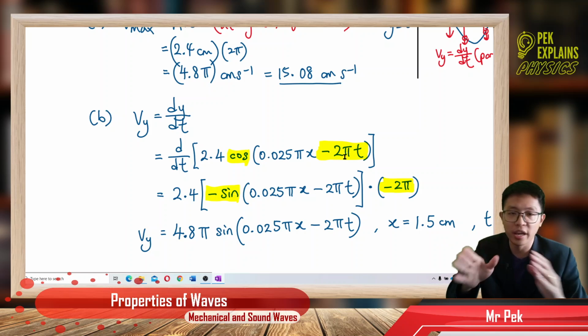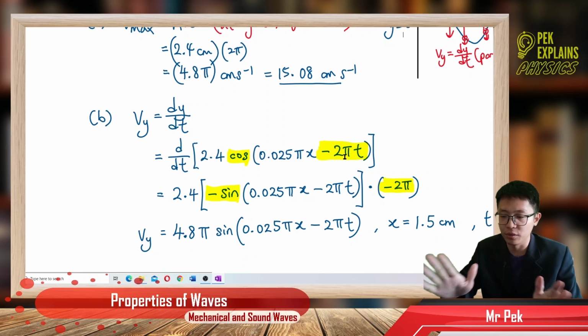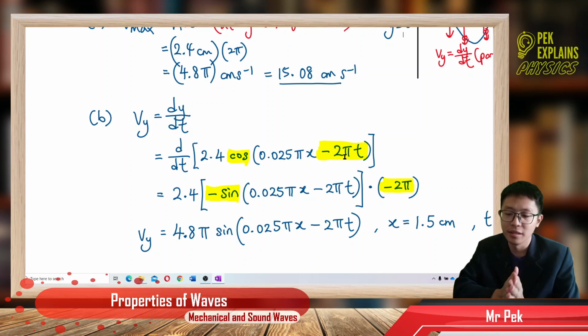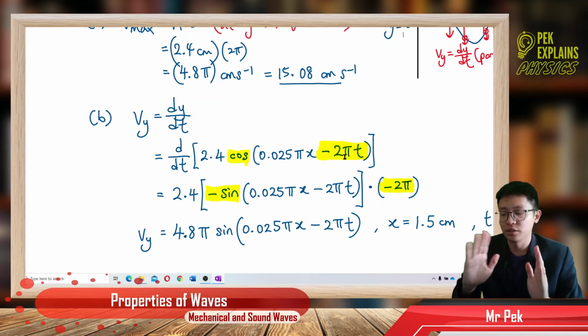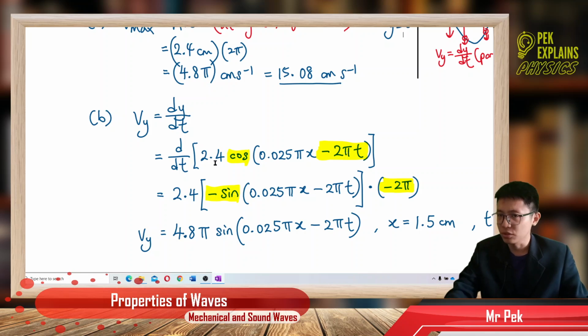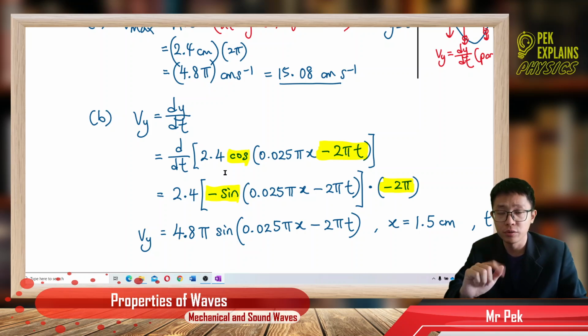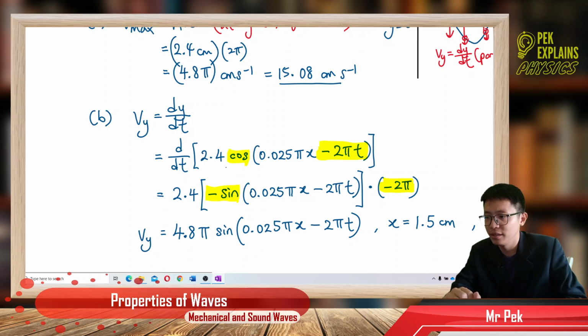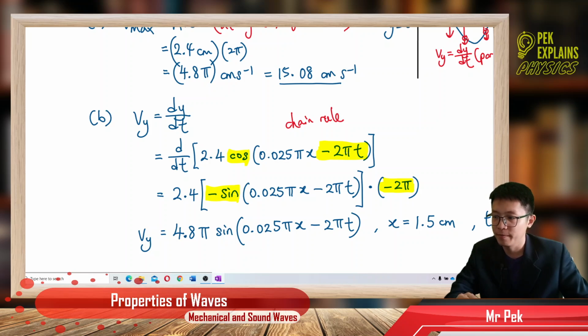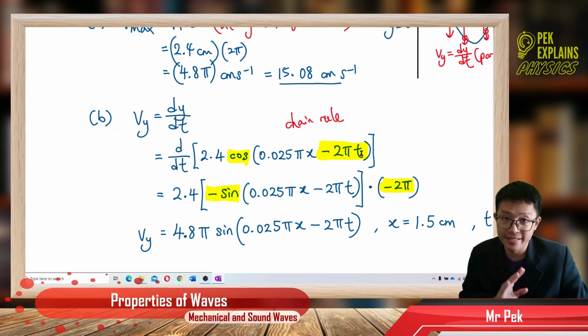This is actually the chain rule, but I'm not going into detail about it. I'm going to teach you the fast method. I hope you understand what the chain rule is before you do this. That is your task to find out, not me.